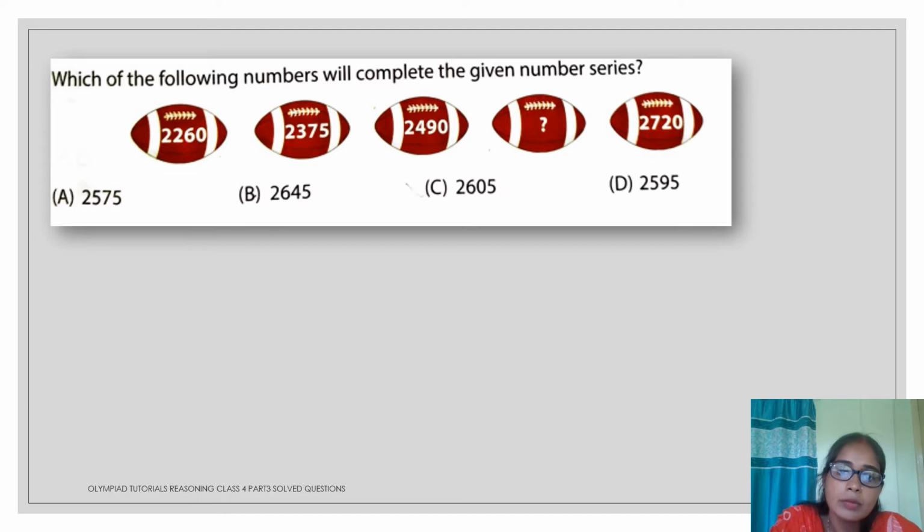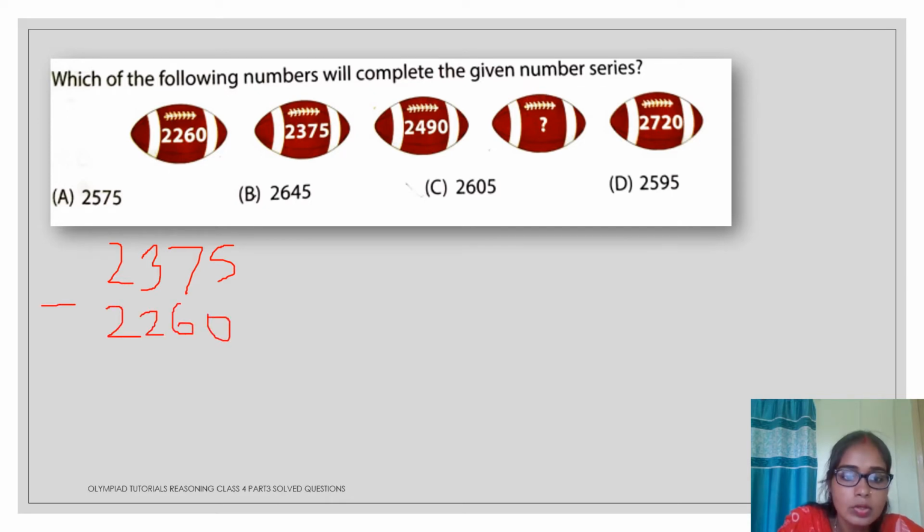Which of the following numbers will complete the given number series? By careful observation, you can see there is a certain difference between consecutive numbers. Suppose you take the second number 2375 and subtract the first number 2260. You'll get the difference of 115.